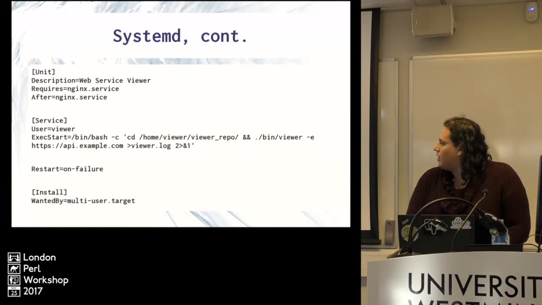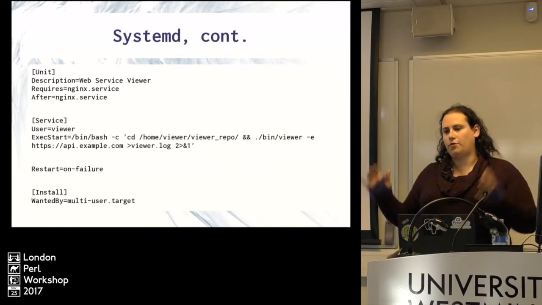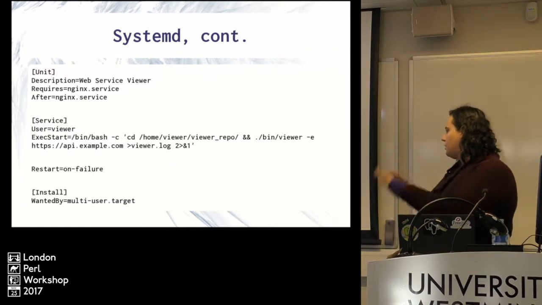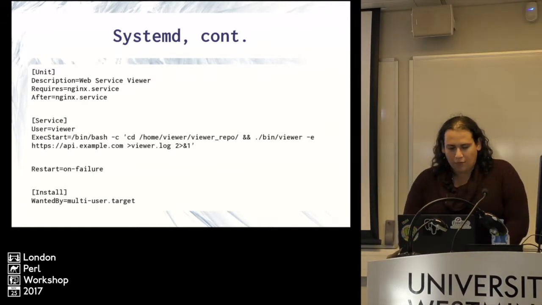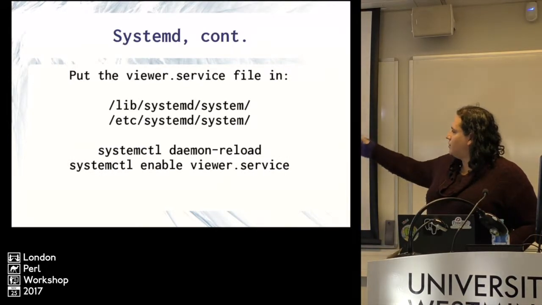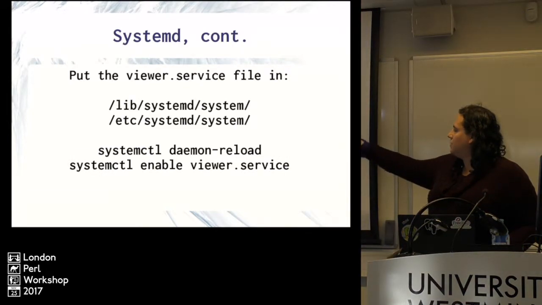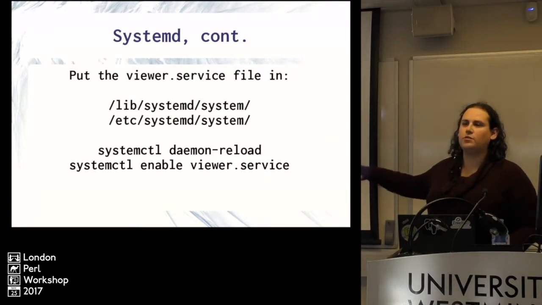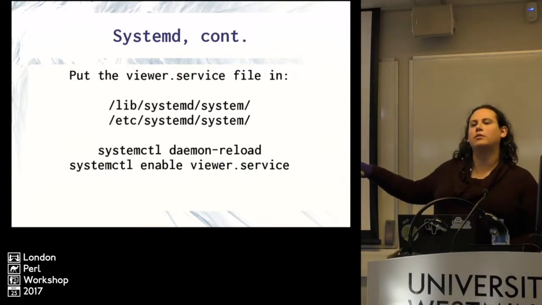But yeah, this means I don't have to think about what's all the configuration files and everything and where things go. And then you just put the service file into either /lib/systemd/system, if it's a system package, or /etc/systemd/system. Just run systemctl daemon-reload so it knows about what's in there.